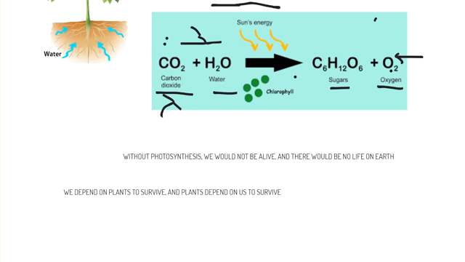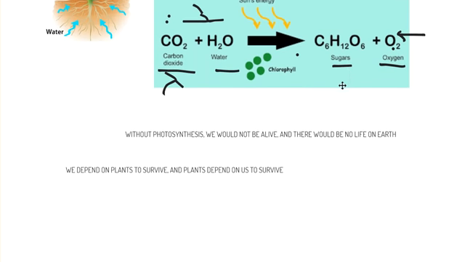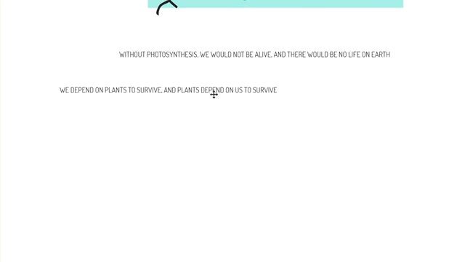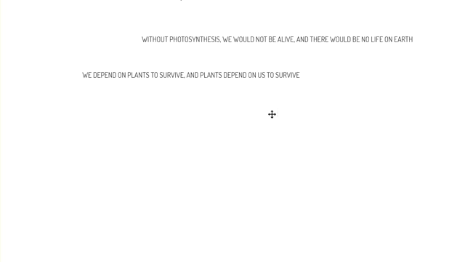So that's why it's a mutual relationship. Without plants, we would be dead, and without us, plants would be dead, because plants produce the oxygen we need to survive, and we produce the carbon dioxide plants need to survive. So that's really why photosynthesis is so important, because without it, there would really be no life on Earth.